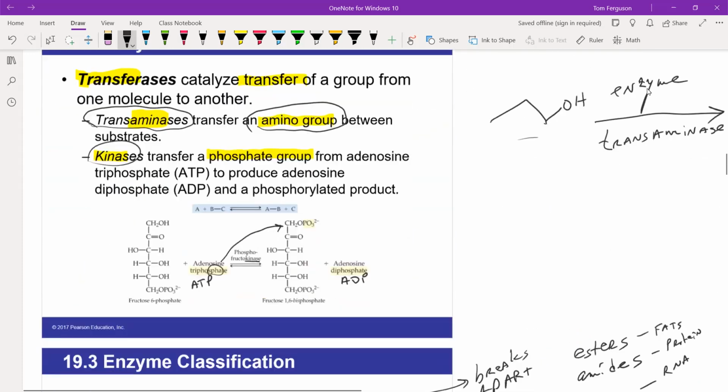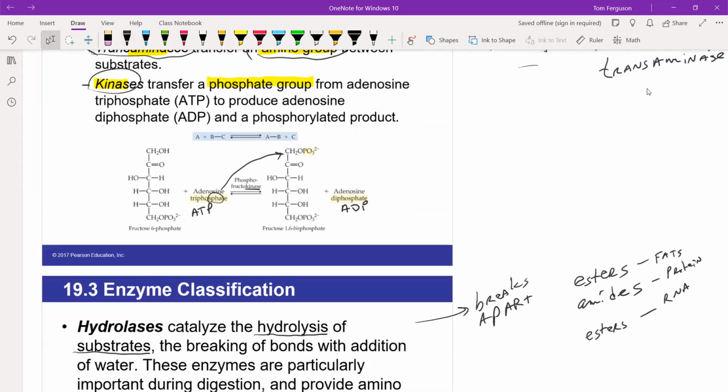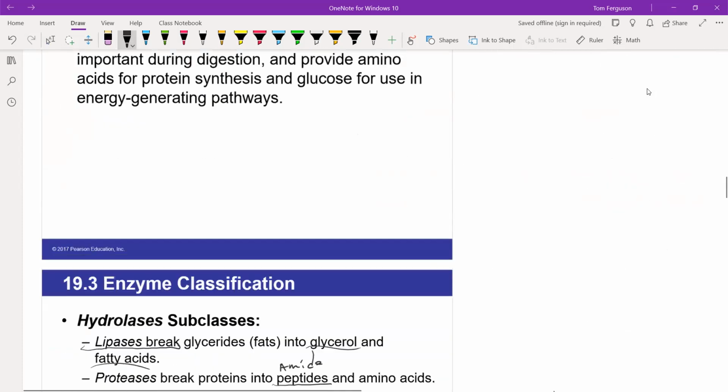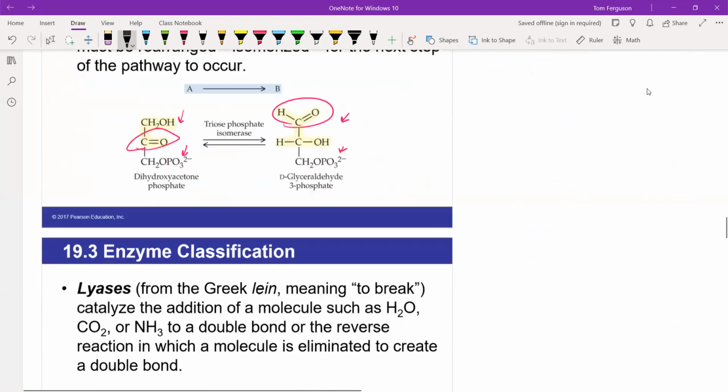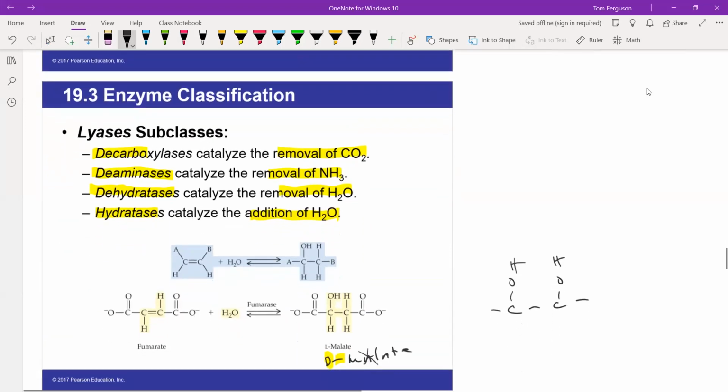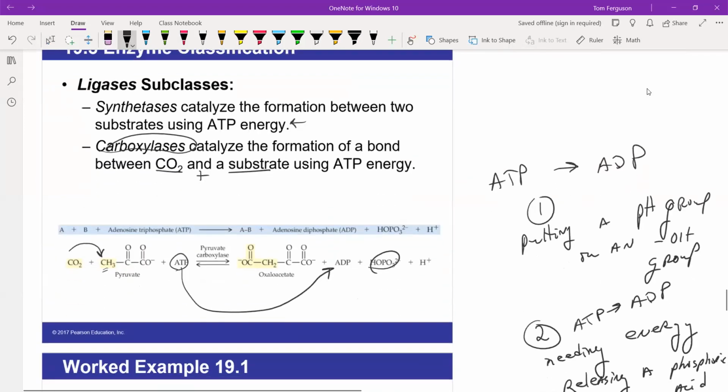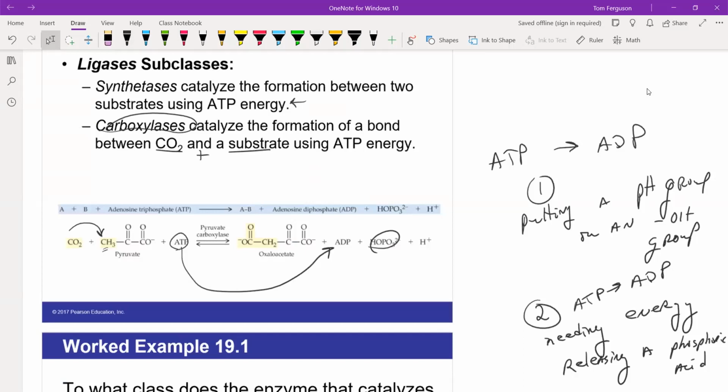This guy right here, we have fructose with 1 phosphate group, fructose with two phosphate groups. The phosphate comes from the ATP. Down here, the ATP is just supplying energy and is not interacting with the substrate.